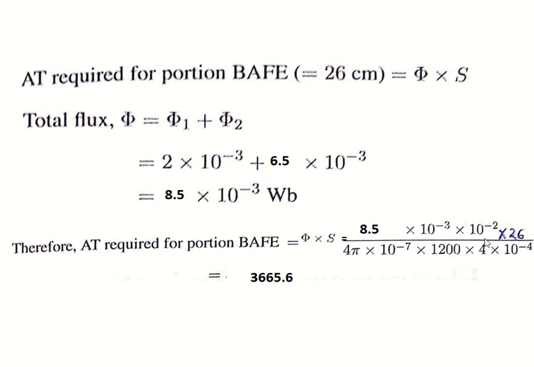S is L by mu 0 mu r into A. So you will be getting 3665.6 ampere turn. You work it out in your notebook. Phi 8.5 milliweber. S, this is L 26 into 10 raised to minus 2 by mu 0 mu r into A.